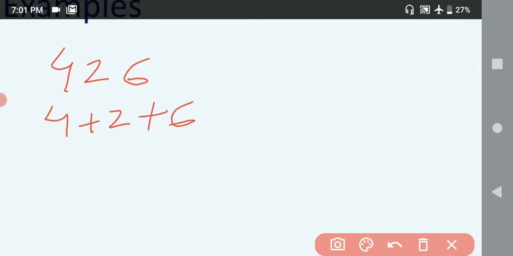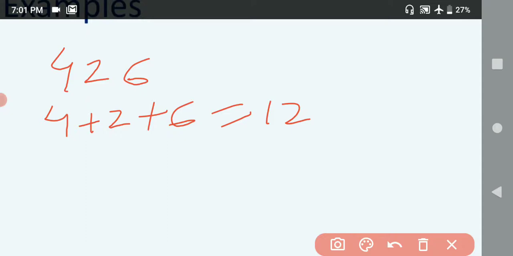For example, here we are going to check 426. We have to take the sum of these three digits which are making this number: 4 plus 2 plus 6, that is 6, 12. Okay, so 12 is divisible by 3.